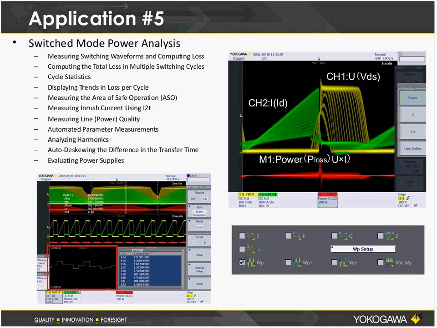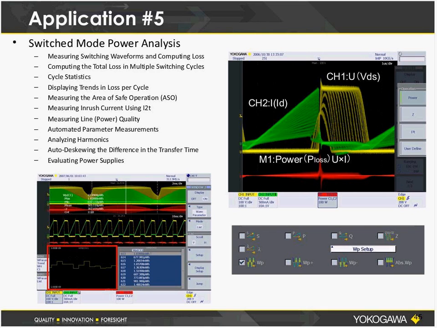So modern oscilloscopes with a power analysis package allow you to take a closer look at things like power consumption, power factor, and power quality, and whether that's on the design side, test side, or service side, that's quite useful.